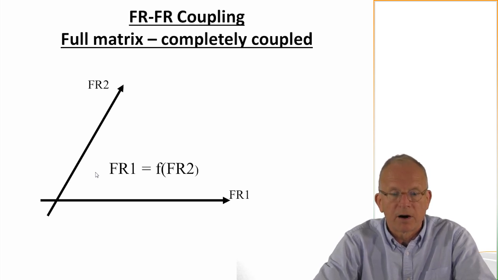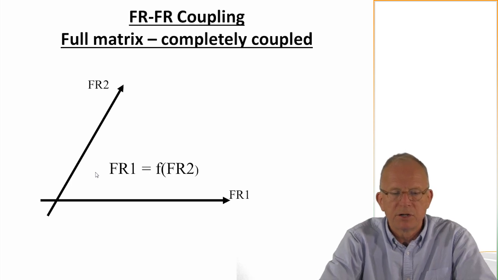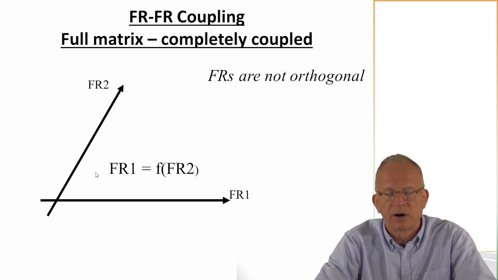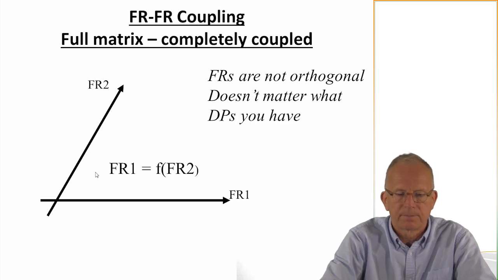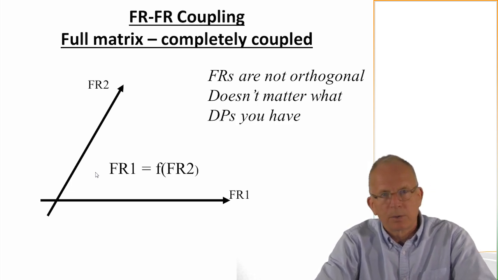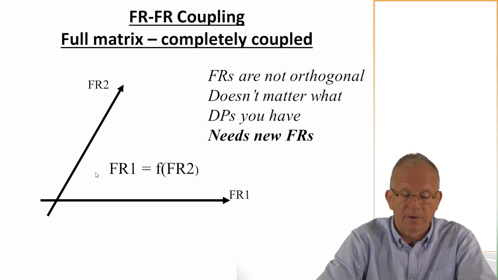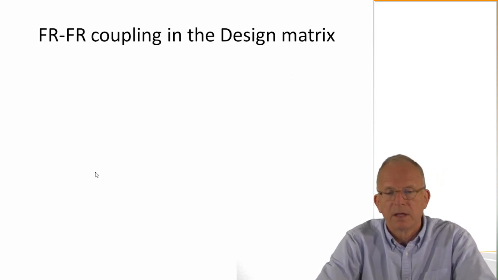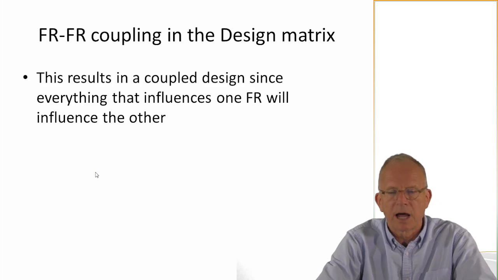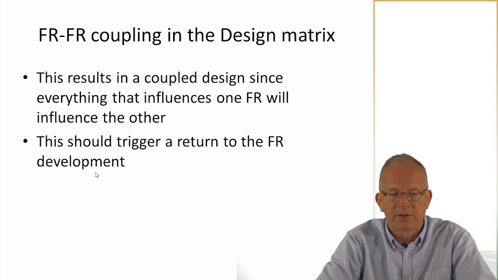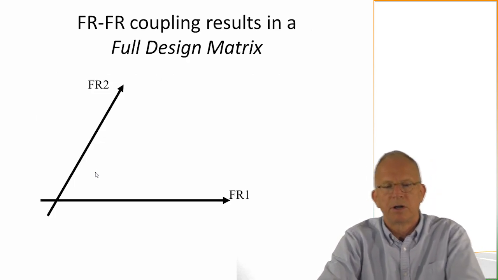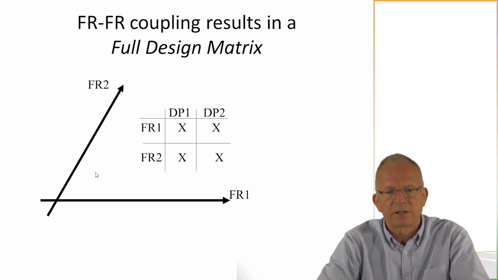This means that FR1 is some function of FR2 as I move along, and so they are not orthogonal. So it doesn't matter what DPs we have. We cannot decouple this design, and it needs new FRs that are in fact orthogonal. So the FR-FR coupling results in a coupled design since one FR influences the other, and this needs to trigger a return to the FR selection.